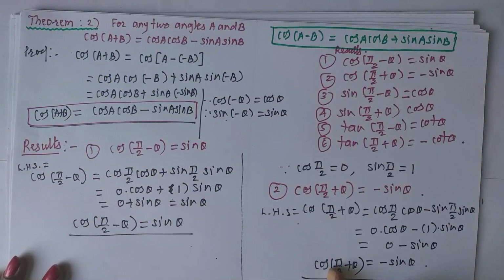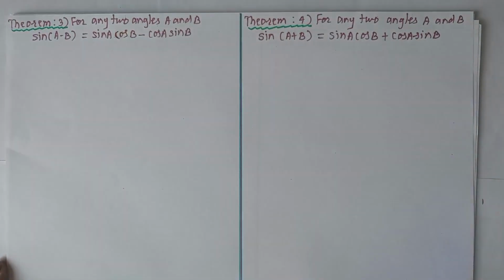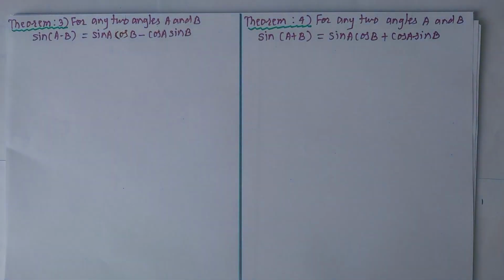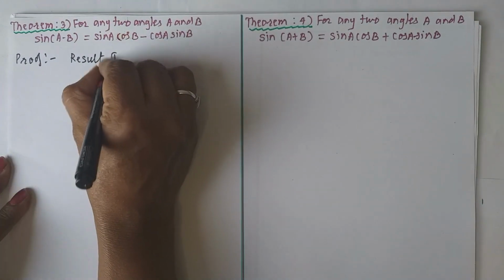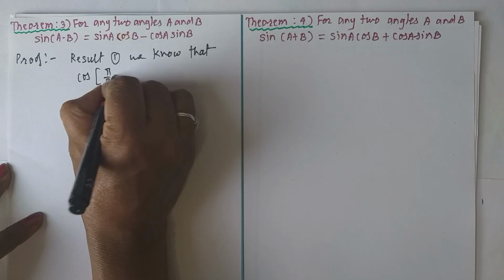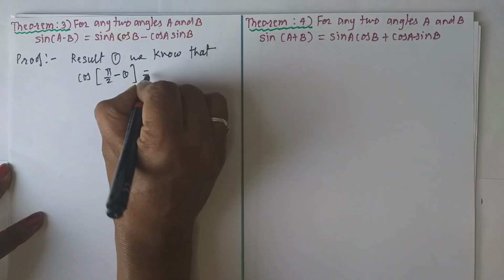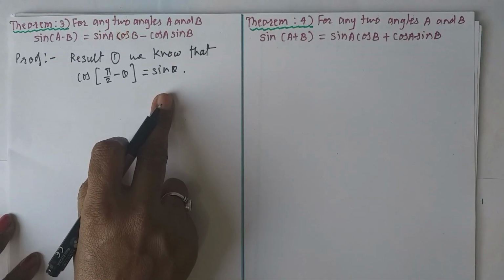Okay. Let's see the third theorem. Now, what is the theorem? For any two angles A and B, sin A minus B is equal to sin A cos B minus cos A sin B. Now see, from result 1, we know that cos pi by 2 minus theta means sin theta. We will use this.